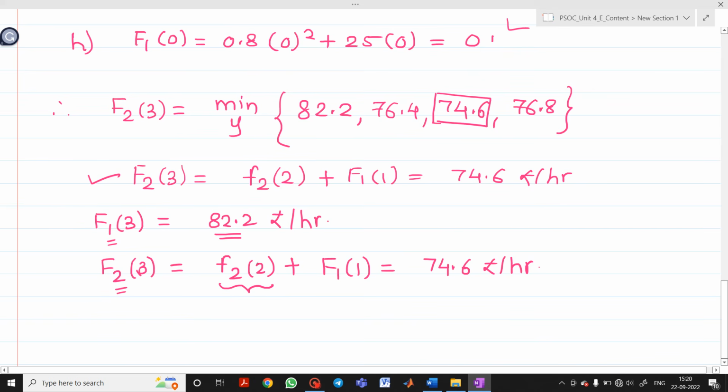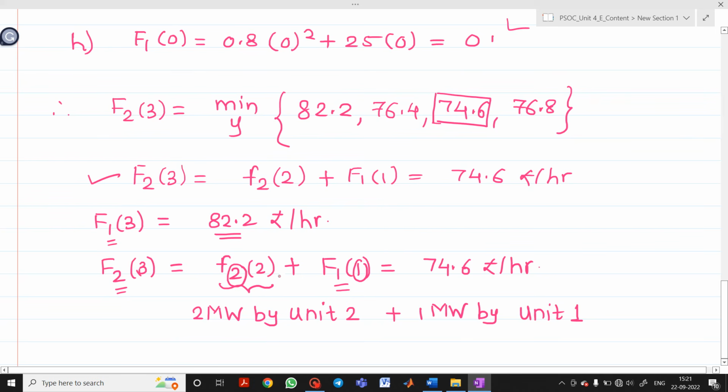The meaning is nothing but what? Whatever term which is shown in the bracket, it is a megawatt. So 2 megawatt, this 2 is nothing but unit 2. So how the 3 megawatt is going to be shared by both the units: 2 megawatt should be produced by unit number 2, and this 1 megawatt should be produced by unit number 1. This is your unit number 1.